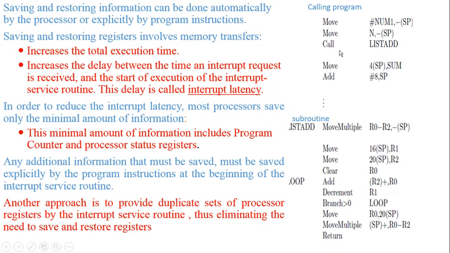After calling the subroutine and starting its body, at the beginning we have a special instruction for storing the contents of registers R0, R1 and R2 onto the stack top. Why do we store this register information onto the stack? Because these registers are used commonly by the calling program and the subroutine.